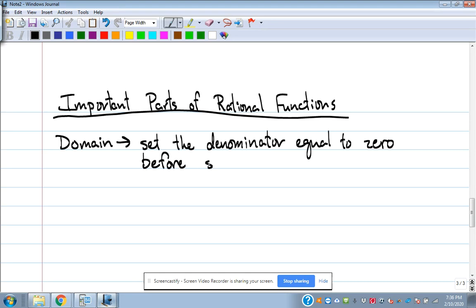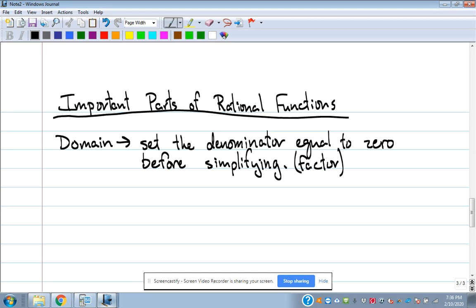Before simplifying. Okay. Domain: set the denominator equal to 0 before you simplify. You want to try to factor to solve that, because that's going to help you do the simplifying step after that, okay? So domain, set the denominator equal to 0 before you've simplified the fraction.